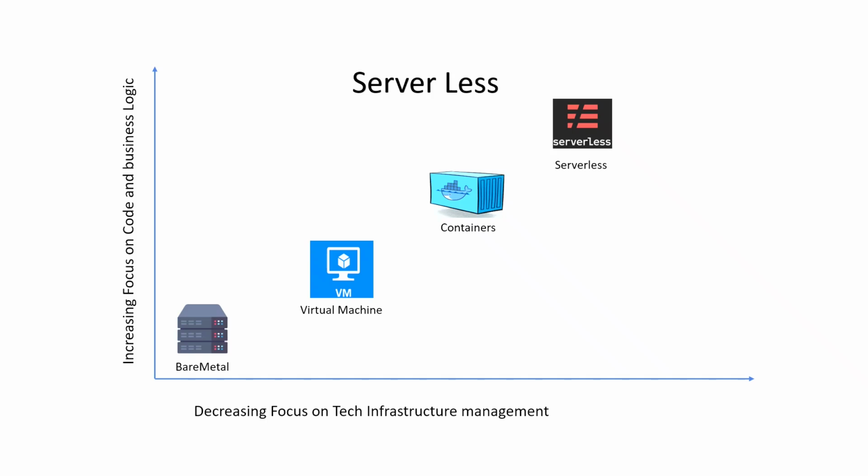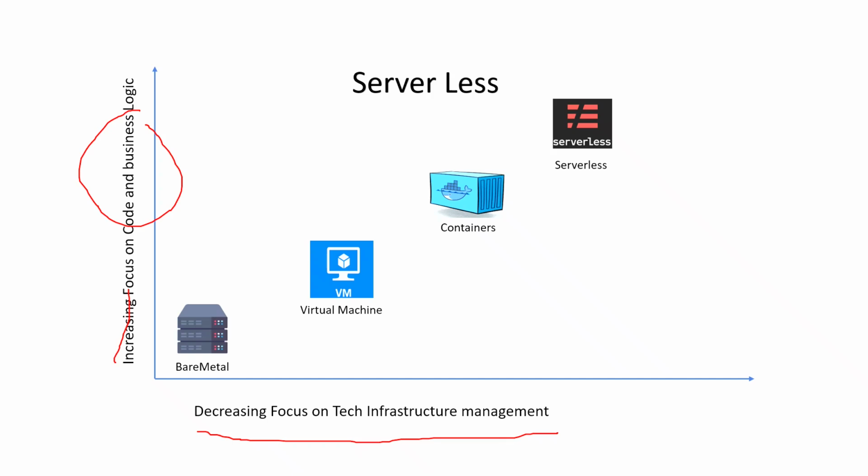Now let's see this diagram, where on the x-axis it says decreasing focus on tech infrastructure management, and on the y-axis it says increasing focus on code and business logic, right? So basically, to run code you require a server, and the server needs management of memory, storage, networking, and patching.